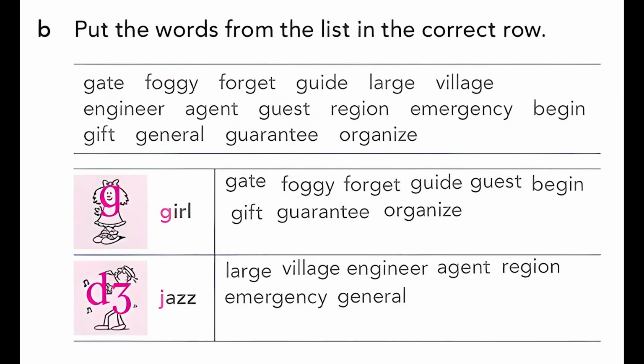3.3. Girl. G. Gate. Foggy. Forget. Guide. Guest. Begin. Gift. Guarantee.